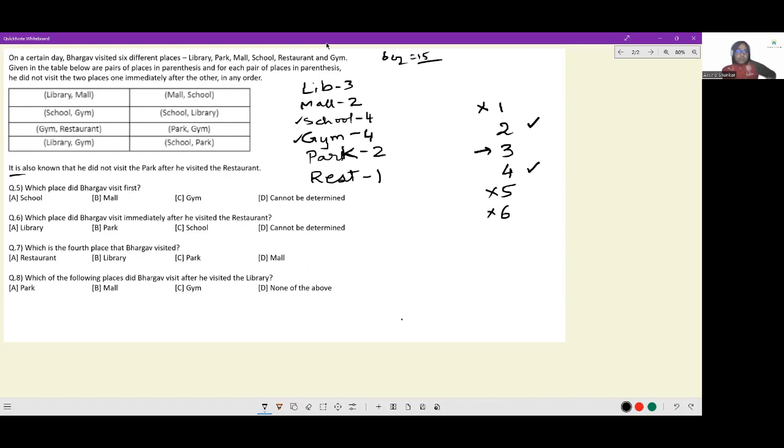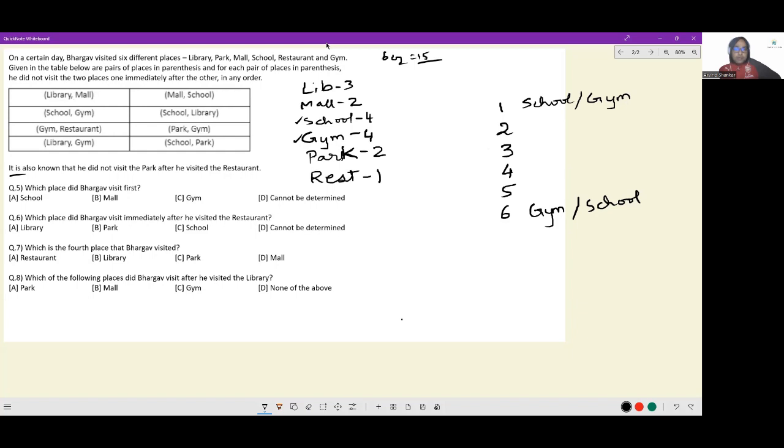But for school and gym, we have 4 spots which are not next to them. This is only possible if school or gym are right at the extreme spots, which is to say, school is right at the beginning or gym is right at the beginning, and correspondingly, gym is right at the end or school is right at the end. For school and gym, we can quickly ascertain this.